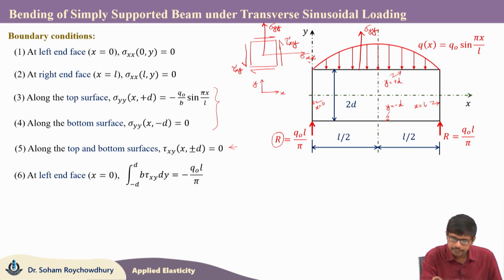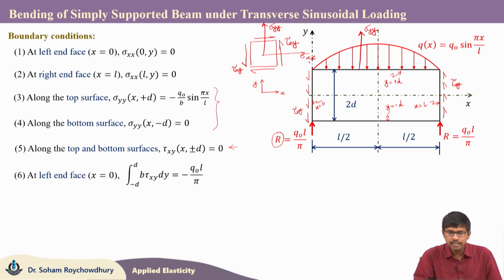Now, if you look at this left hand side plane, here tau xy should be downward by sign convention, whereas on the right hand side plane, that being a positive x plane, tau xy should be positive upward, that is along the positive y axis.